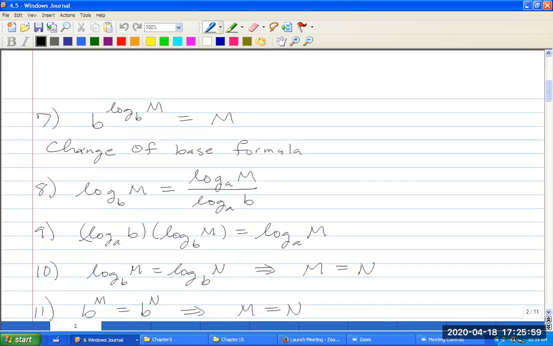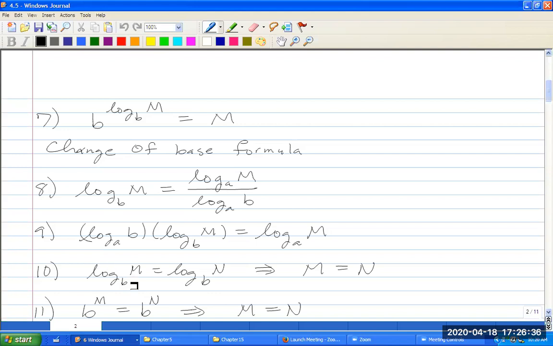Rewriting the change of base formula, I can write it as follows: log base a of b times log base b of m, notice the b's are the same, is just log base a of m. The b's just sort of get absorbed. Since the logarithm is an inverse function of an exponential function, and exponential functions are injective, so are logarithmic functions.